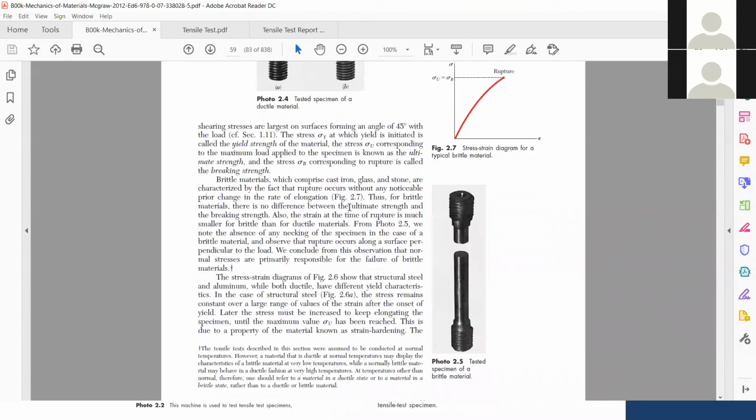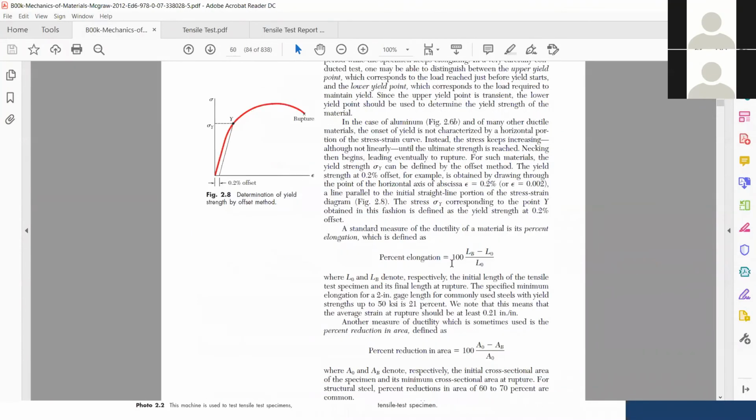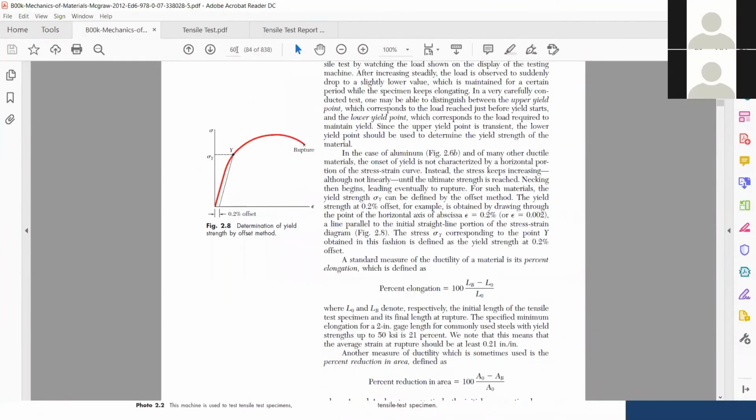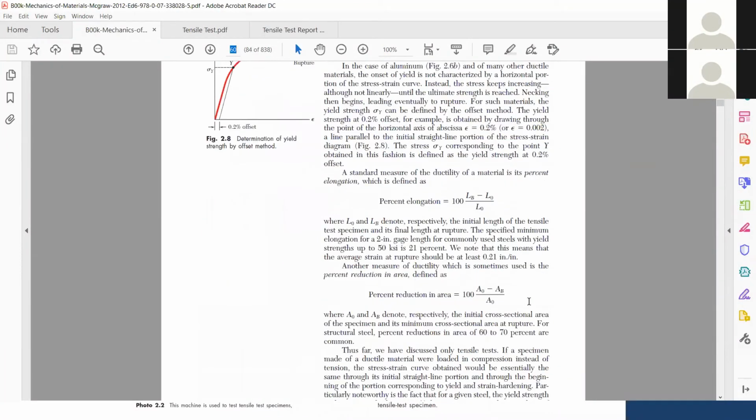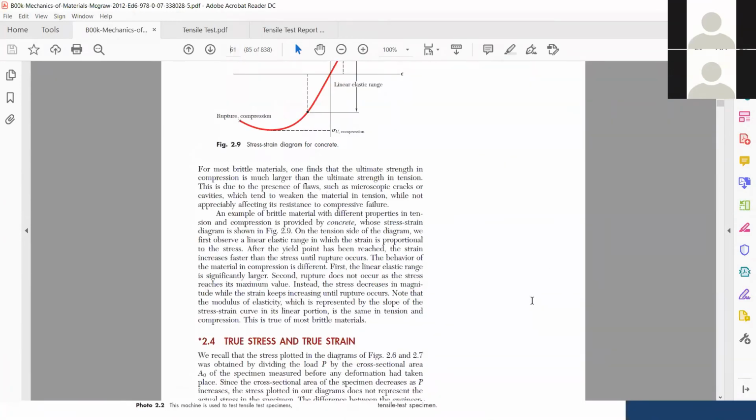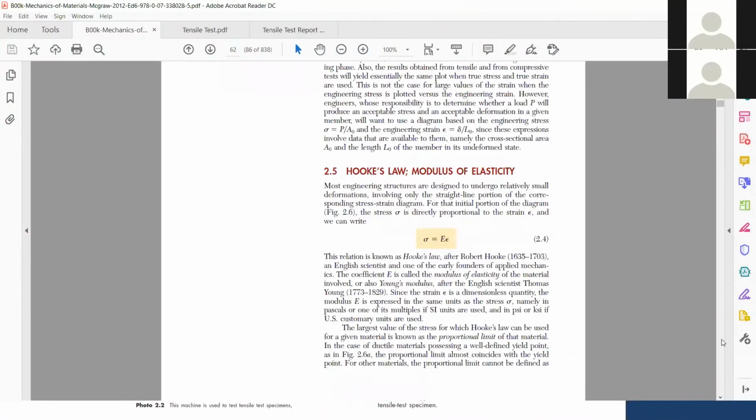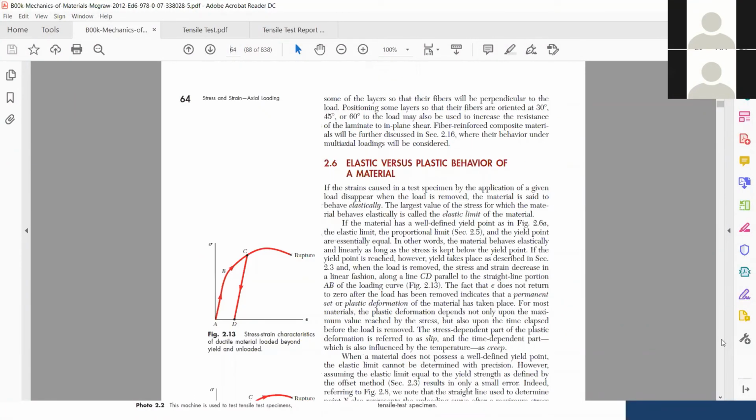Okay. So from page 58 to, let's say, Hooke's law. I'm going to get into Hooke's law in the next lecture because we're going to cover a minimum of 2 hours in the next lecture by working on the data that we're going to collect next week.